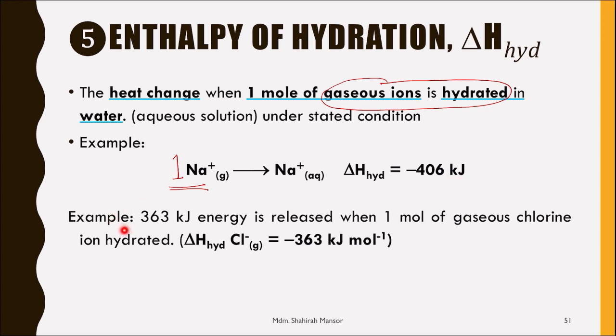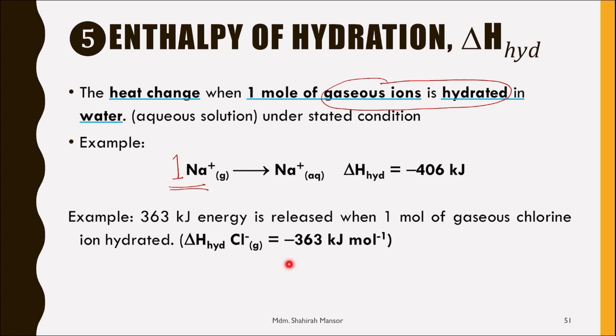Let's see another example. 363 kilojoule of energy is released when 1 mole of gaseous chlorine ion is hydrated. So from this statement, in order to write the thermochemical equation, you have to identify which 1 mole should be in the thermochemical equation, whether it must be on the reactant part or the product part.